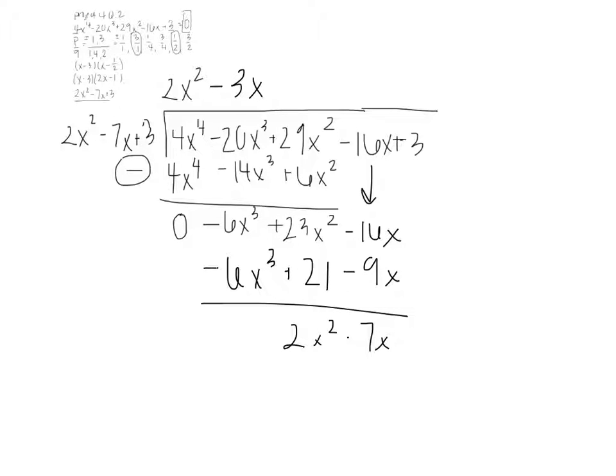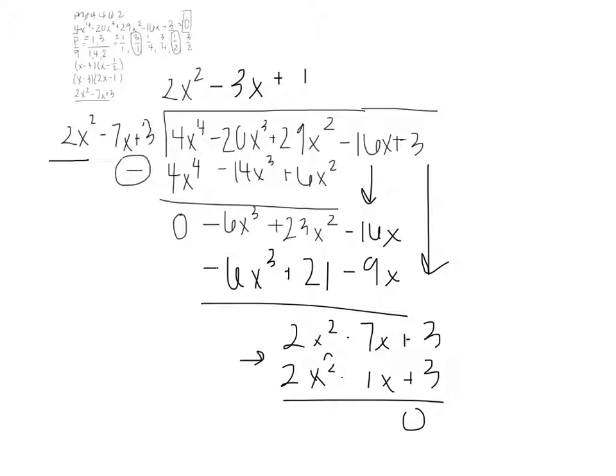And then we're going to drop down this value. And we're going to get 3. Okay, so in order to get this, well, this is basically our starting equation. So we're going to just multiply by positive 1. And we're going to get 2x squared minus 7x plus 3. And that all is going to give us a remainder of 0.